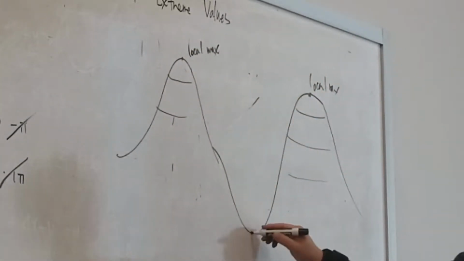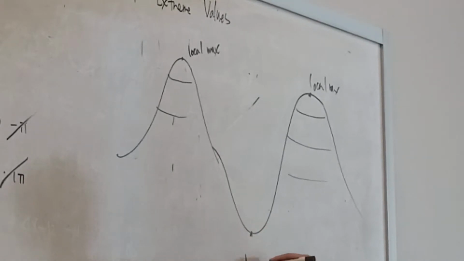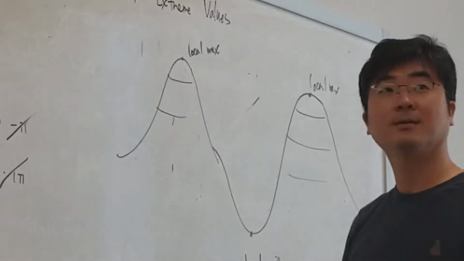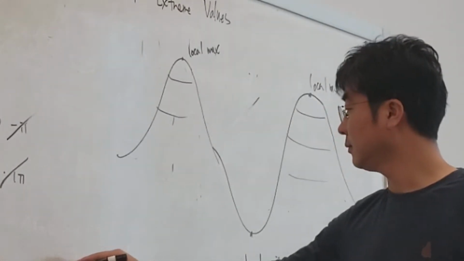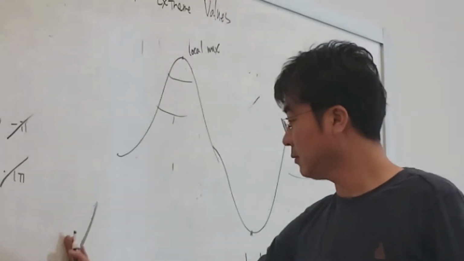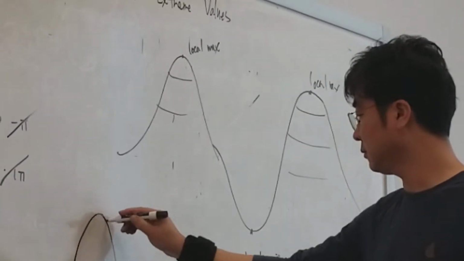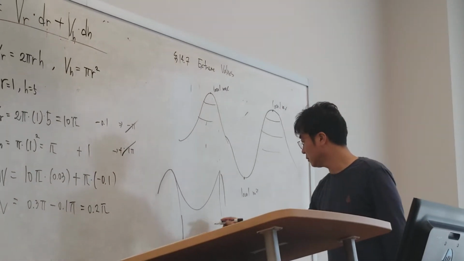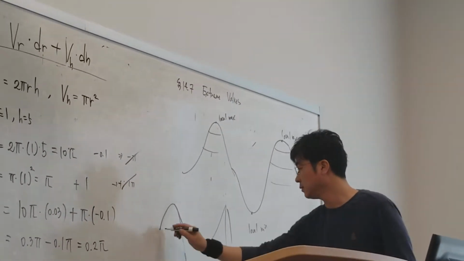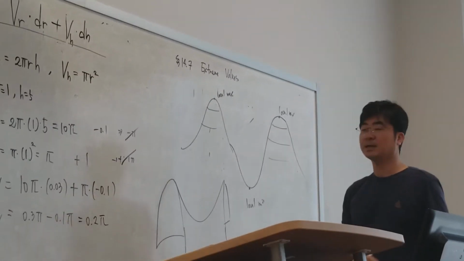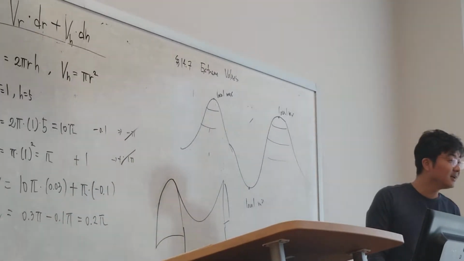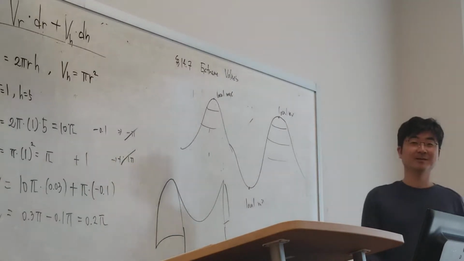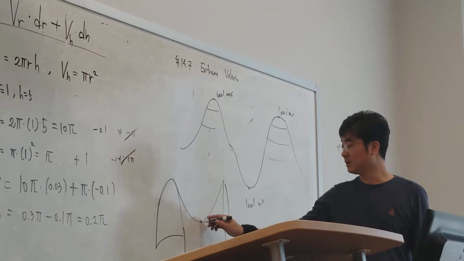And this point must be a local minimum. But if we consider, let's say, a saddle for a horse, you know what a saddle is, right? This is like my saddle. So there is a point here.